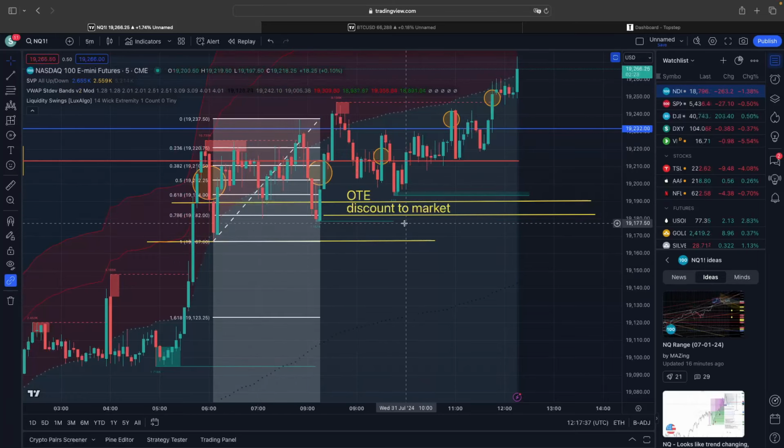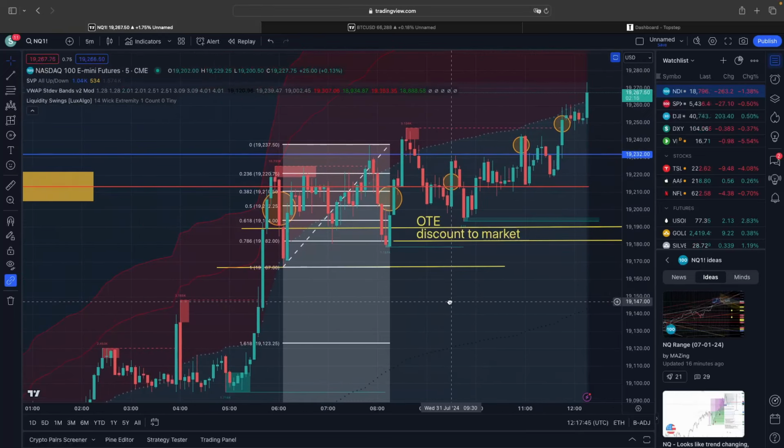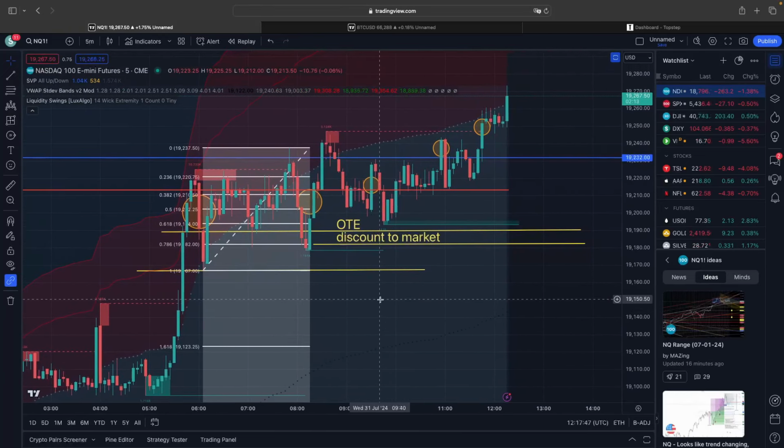I'm a bit greedier. And anything below this line to this line is at a very steep discount to the market, and where most traders would like to go in, right? But having said that, what happens if we always go for the discount to the market? We might never hit within our range to execute our orders, right?